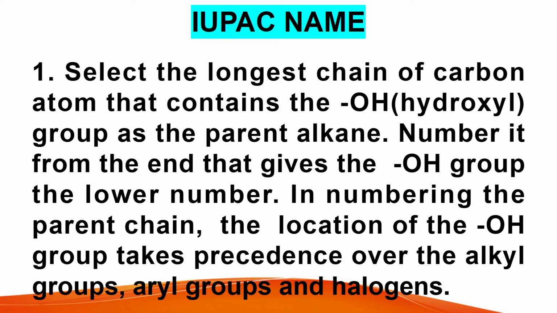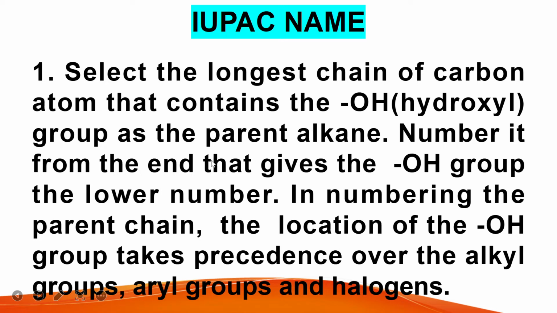Now, let us discuss the rules in giving IUPAC names to alcohols. They are: 1. Select the longest chain of carbon atoms that contains the hydroxyl or OH group as the parent alkane.